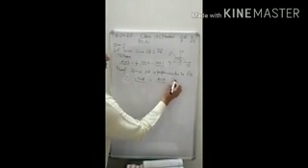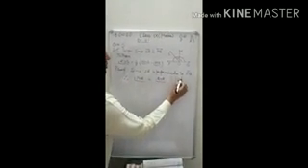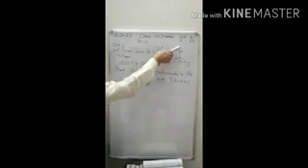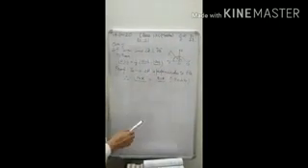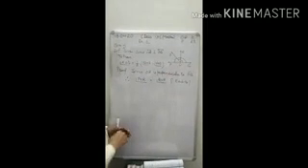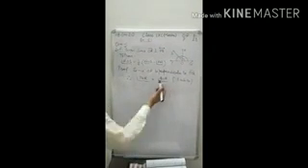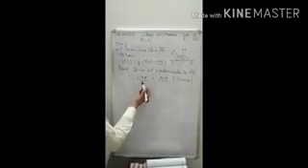And why is it so? Because each is 90 degrees. You can see here OR is perpendicular to POQ, meaning line PQ. So the measure of this angle will be equal to the measure of this angle, and both will be 90 degrees.